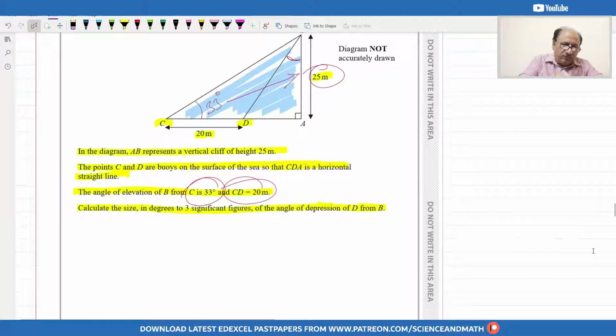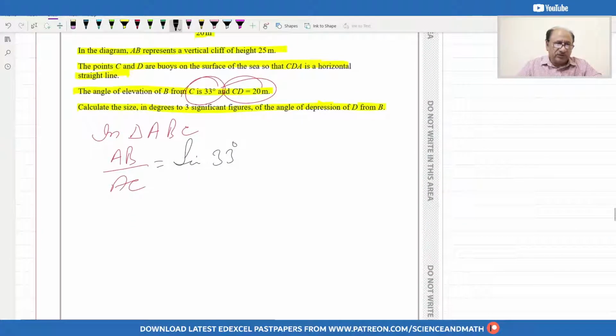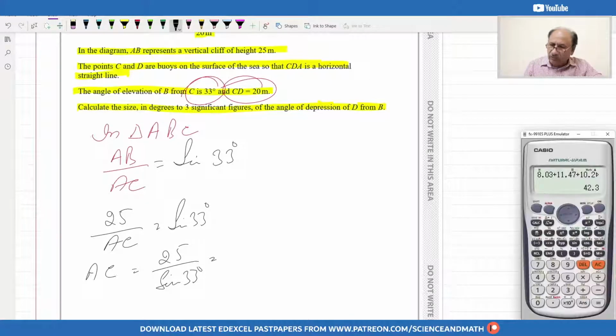So first of all, in triangle ABC, AB over AC will be equal to sine of 33, because it is opposite over adjacent, and AB is 25 basically. So 25 over AC will be equal to sine of 33 degrees. So AC we can write is equal to 25 over sine of 33 degrees.